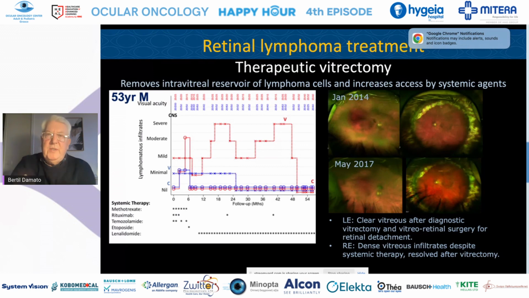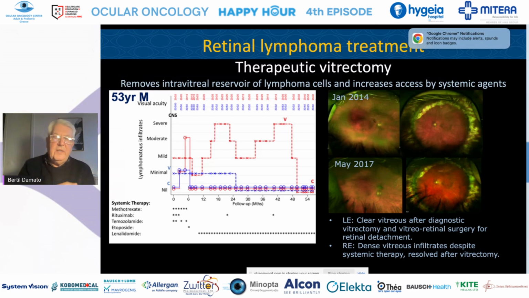But here's a patient who presented to another hospital with vitreous infiltrates, and he had a diagnostic vitrectomy at that hospital, which caused a retinal detachment. And so he had a total vitrectomy, encirclement, and after that, that eye showed no sign of any vitreous lymphomatous infiltrates.